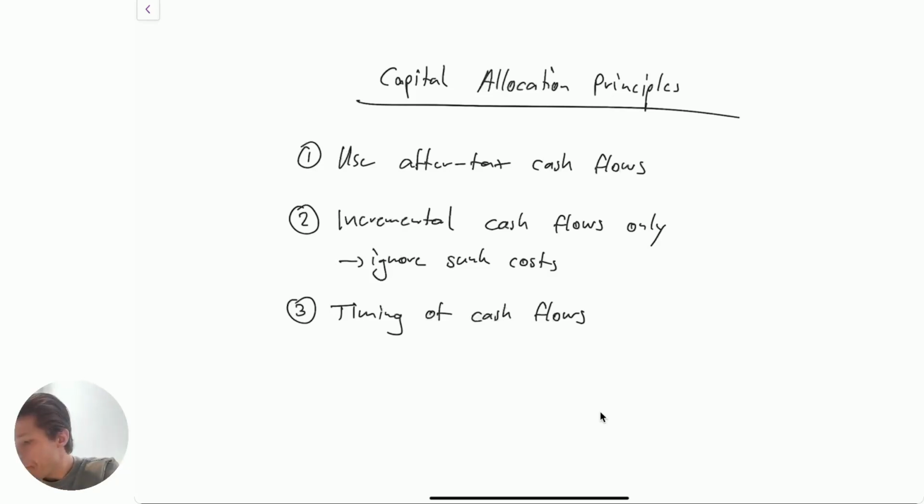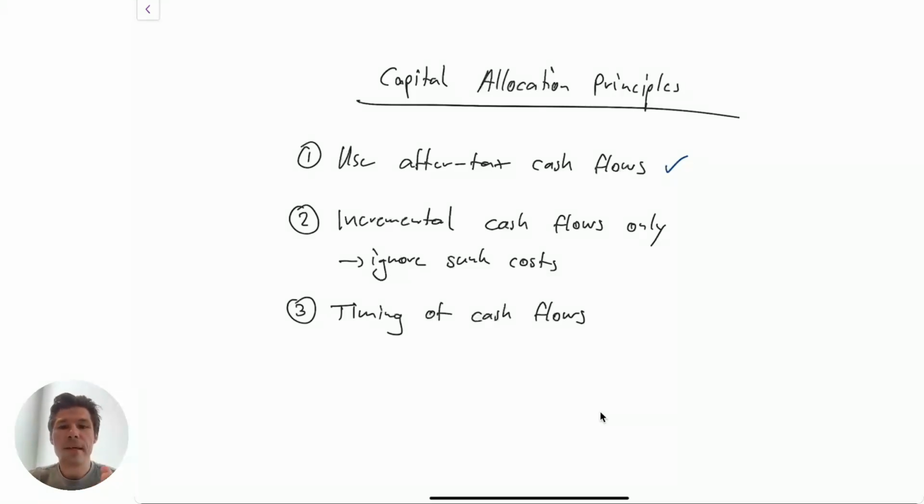The first one, use after-tax cash flows. You should evaluate capital allocation decisions based on after-tax cash flows and not on profit or accounting-based measures. We talked earlier about formulas, free cash flow to equity holders, free cash flow to the firm. These are all after-tax measures.